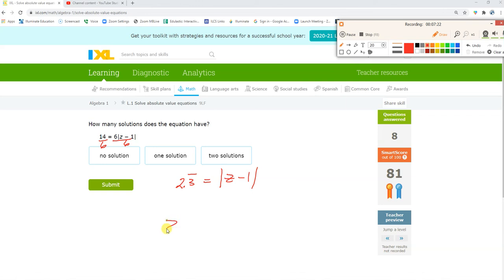Okay, here's the split. Z minus 1 equals 2.3 repeating. Z minus 1 equals negative 2.3 repeating. Adding 1. Z equals 3.3 repeating. Z equals negative 1.3 repeating. So 2 answers. 2 solutions.